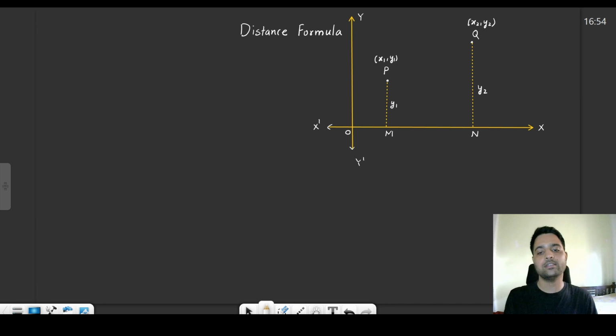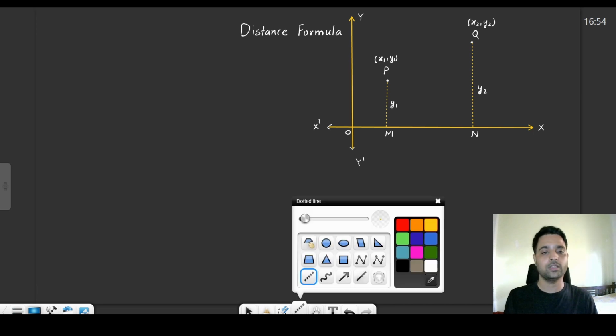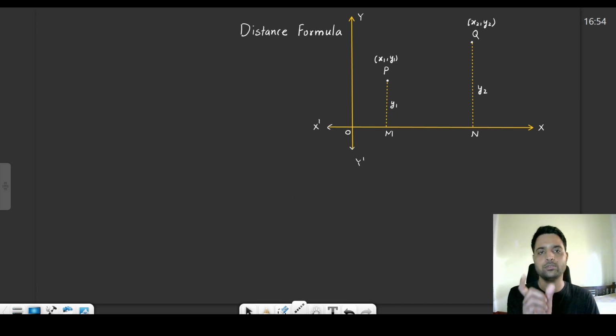In the same way, the perpendicular from P on the y-axis, suppose it is M dash, and the perpendicular from Q on the y-axis, the name of this point is N dash.